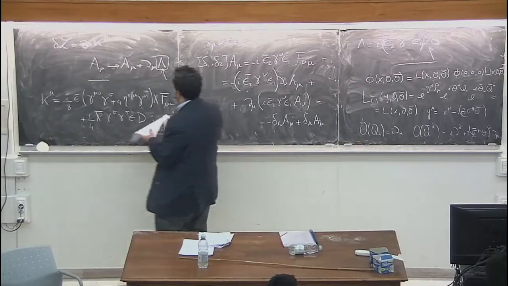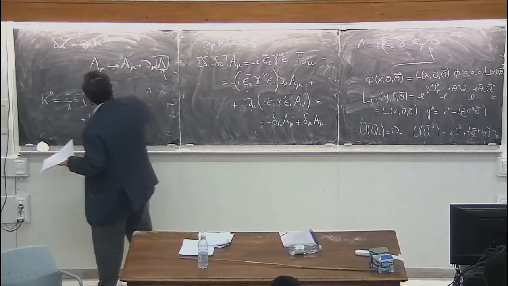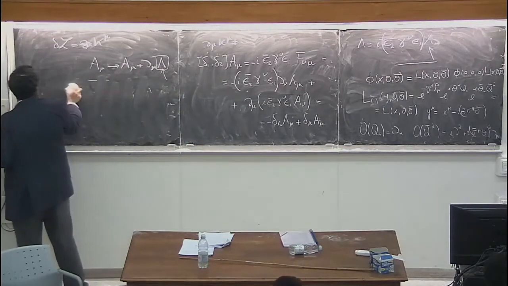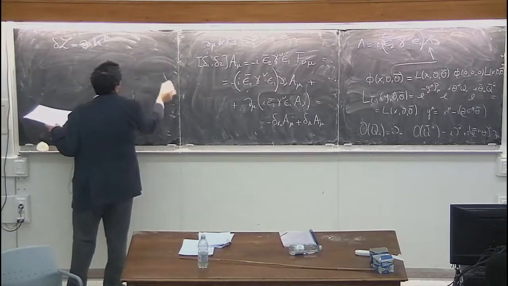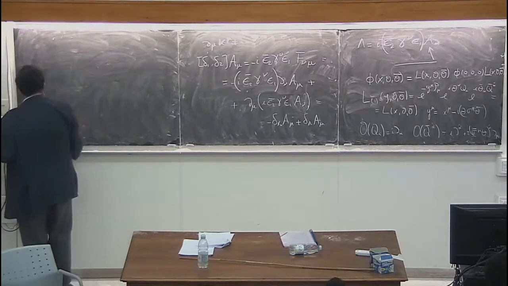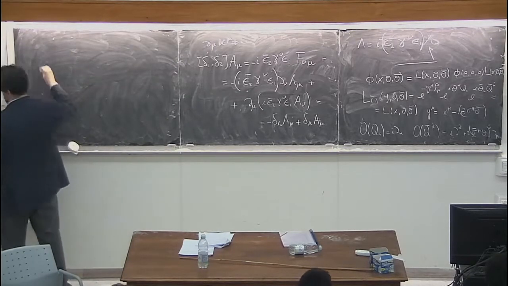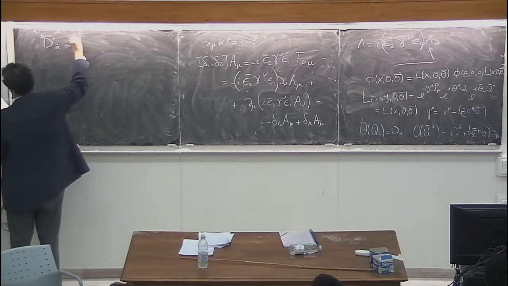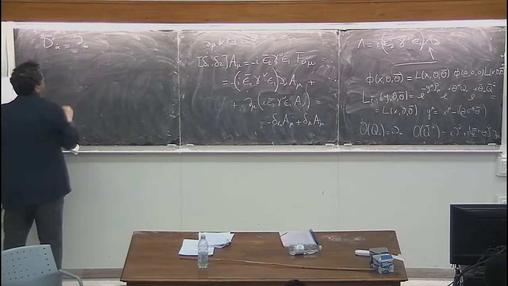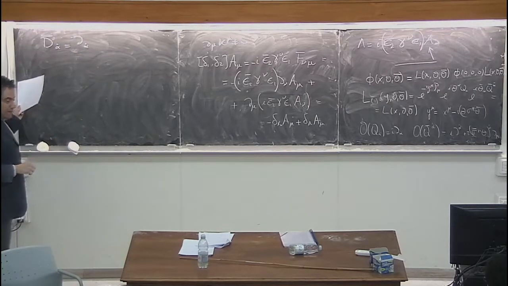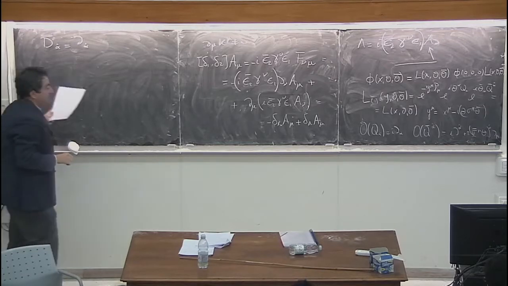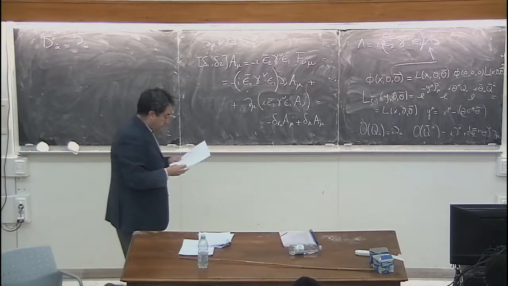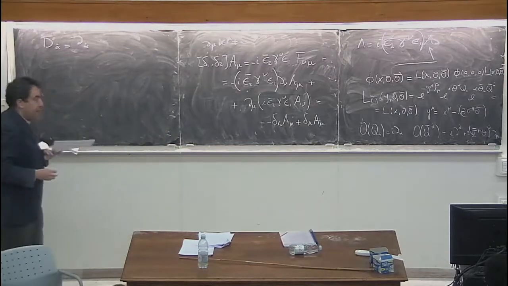But most importantly, the super covariant derivative D bar alpha dot is equal to d alpha dot. So this parametrization makes it simpler to derive the expression of chiral fields.